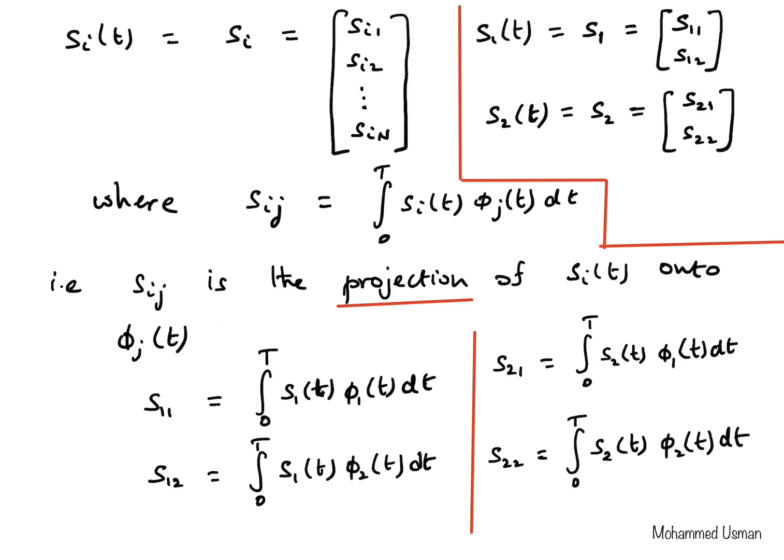I will now represent these as vectors and illustrate on a graph how these are represented as vectors and what we mean by the projections. I've talked about projections and given the equations to compute them, but graphically, what do we mean by projection? I will illustrate that in just a bit now.